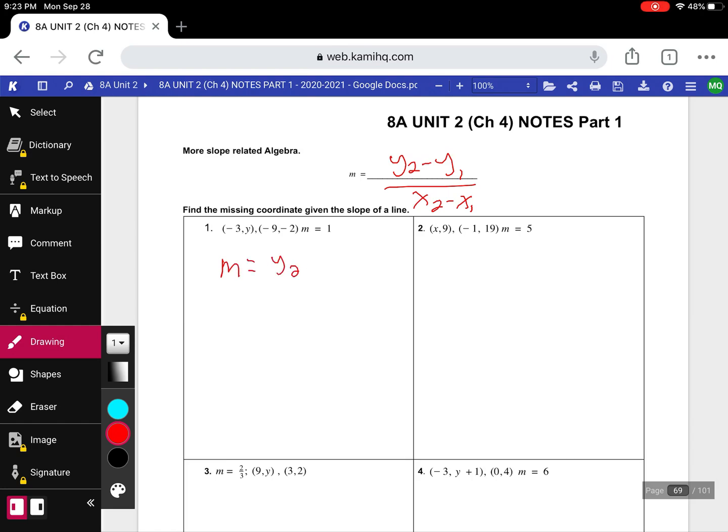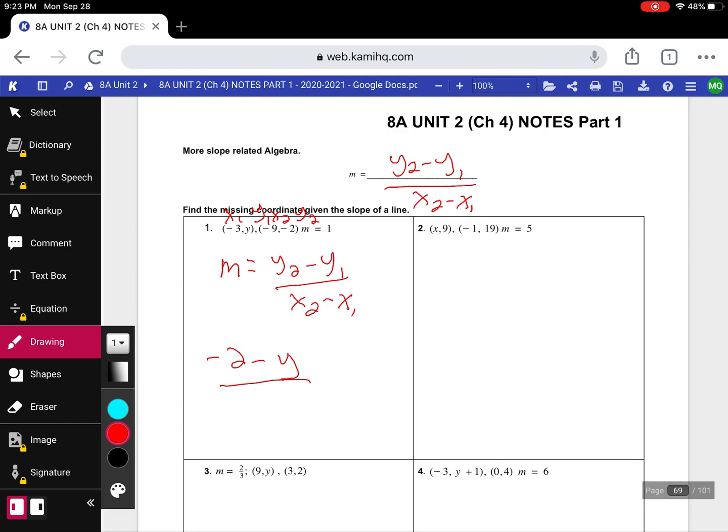So what we're going to do is write the formula. M equals what? Y2 minus y1 over x2 minus x1. Okay, I'm going to label them. We've got our x1, y1, x2, y2, and then I'm going to plug them in. Okay, y2 is -2 minus, oh, we don't know what y1 is. It's just labeled as y, so I'm going to plug in my y.